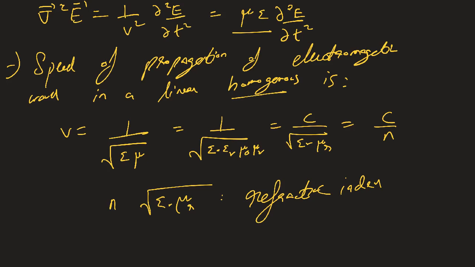So just one point, which is a rule of thumb: unless you have some very special magnetic materials, for most materials, mu is approximately equal to mu naught.